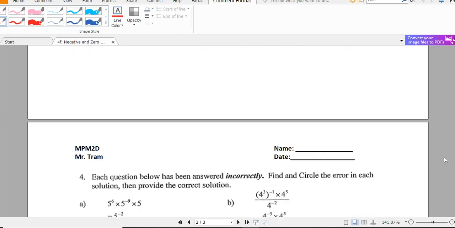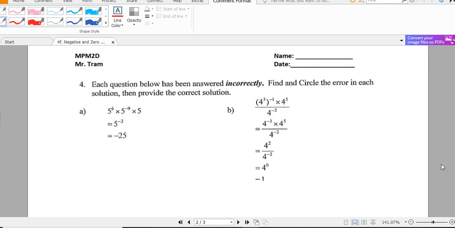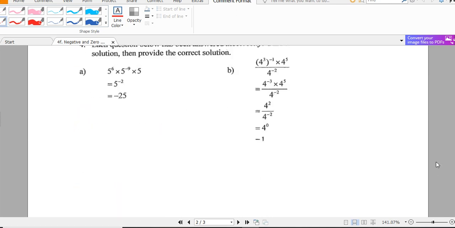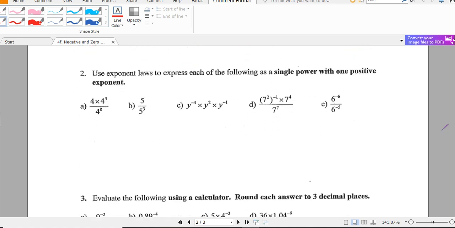I'm going to choose one of these hard ones to do, because I'm sure you guys might have questions about them. Let's pick 2 of these ones. So let's take a look at C. Are the bases the exact same in all 3 of these? Yes, they are.